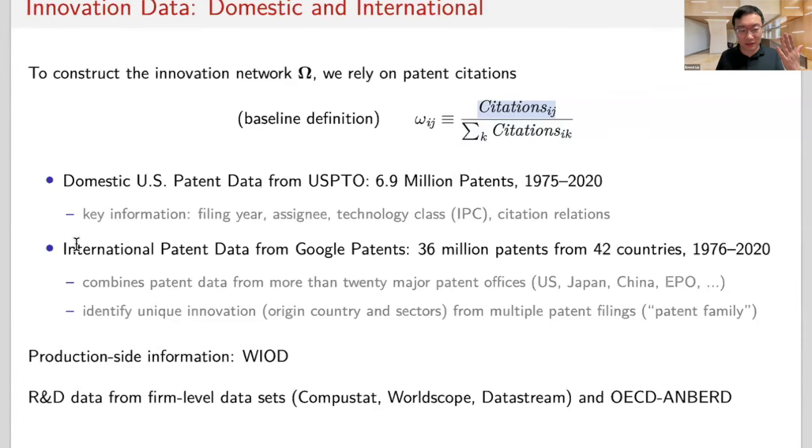We're going to rely mostly on this international patent data from Google Patents that combines patent data from more than 20 major patent offices around the world. So no matter where the inventor is, if you file a patent with the US, Japan, China, the European Patent Office, or one of the 20 major offices, you are in the data set. And we augment that with production data and R&D information from the firm level and aggregate to the technology level.